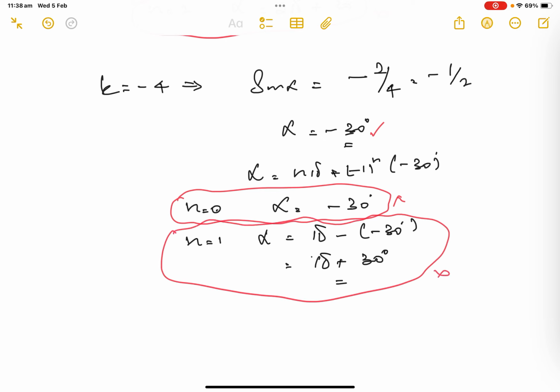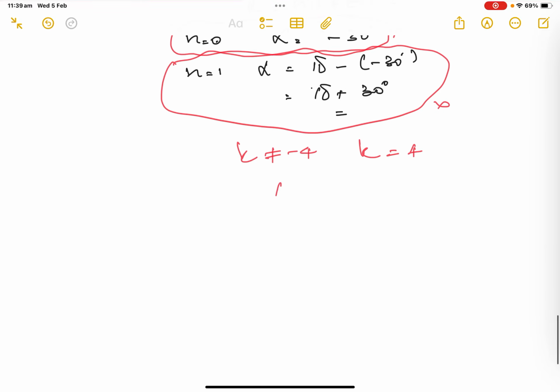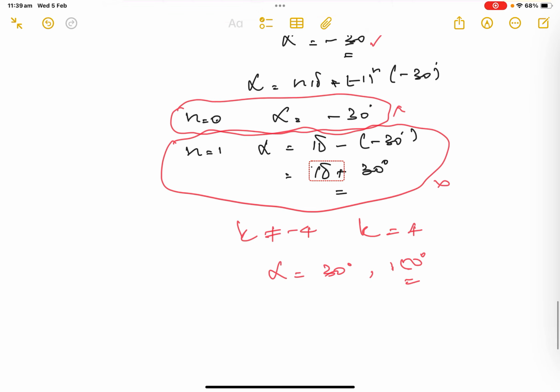So that's all out of range. Therefore, k does not equal minus 4. So k only equals 4. If that's the case, alpha is 30 degrees and 150 degrees, within that range.